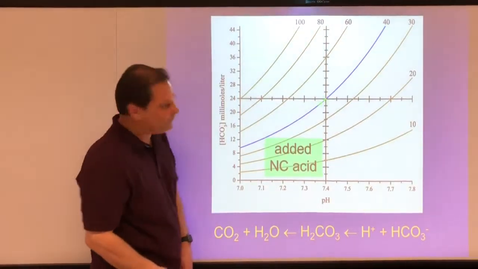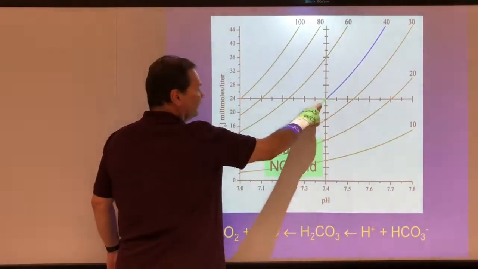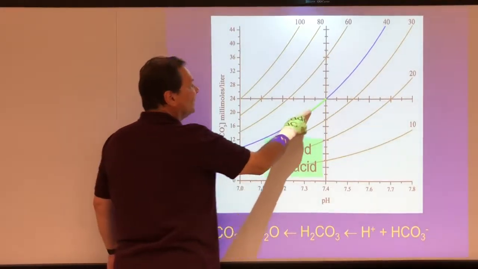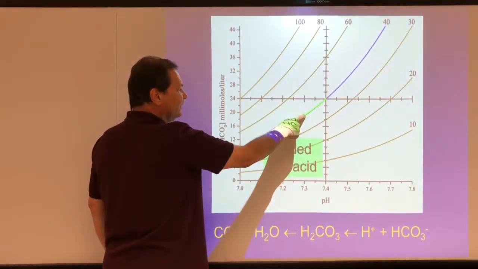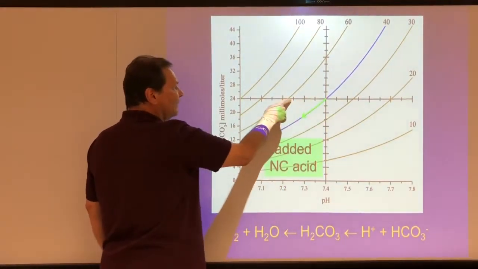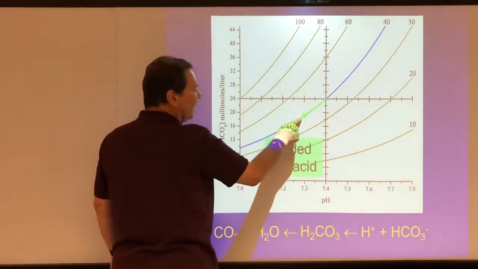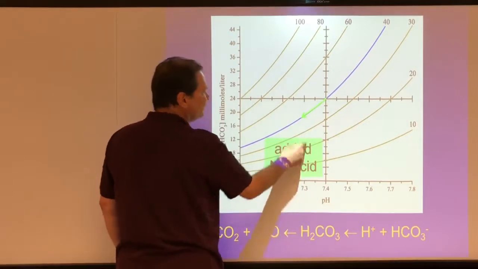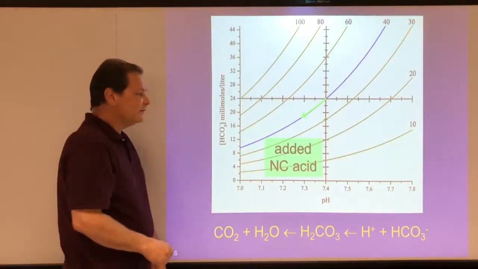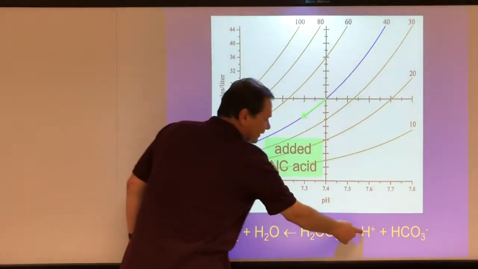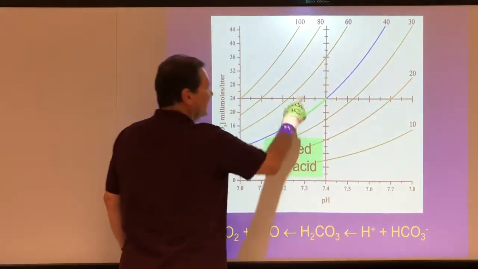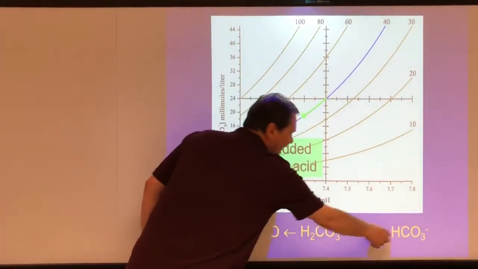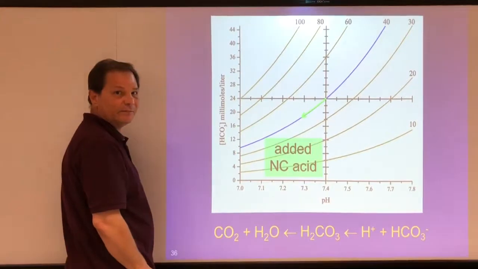Well, my CO2 is not changing, so I'm going down along this 40 line because it's being held constant, but my bicarb is dropping. As my bicarb drops, I go down along my green line, and I can see that my pH is dropping along with it. So I have a drop in pH, an increase in hydrogen ions, and a drop in bicarb as this bicarb disappears.